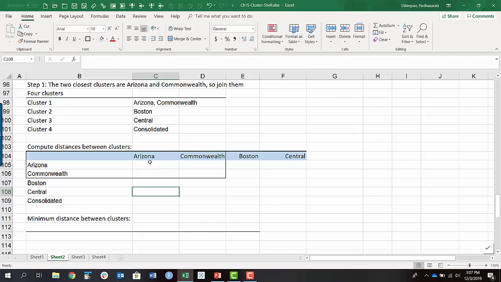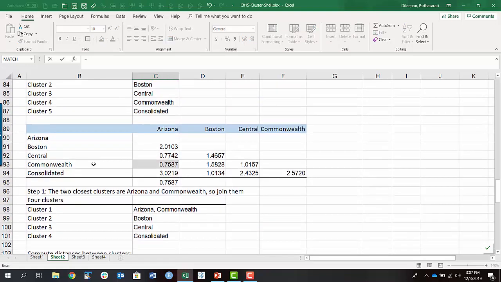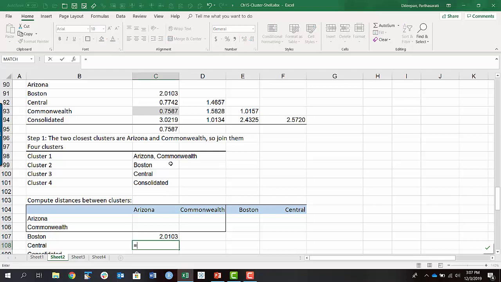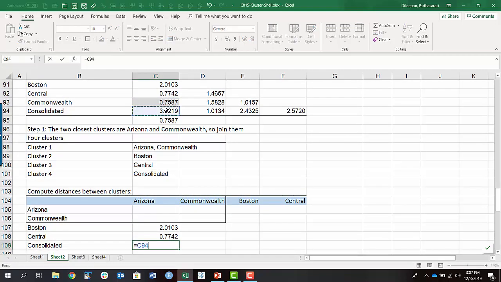Okay, so let's look at the distances. Arizona to Boston is that. Arizona to Central and Arizona to Consolidated.